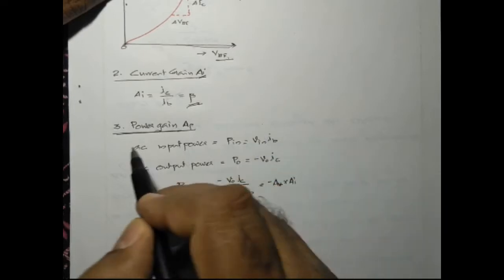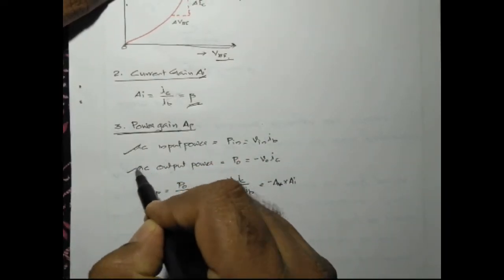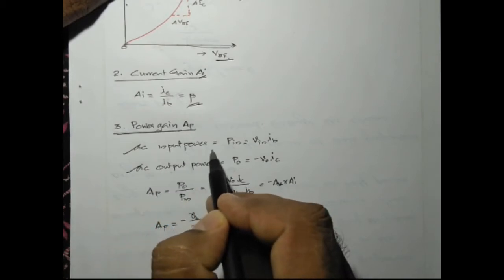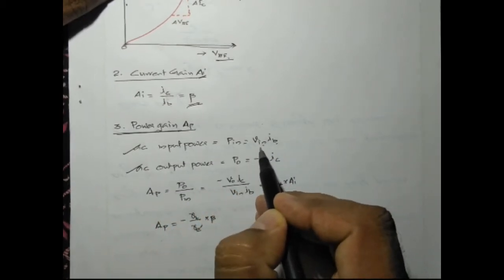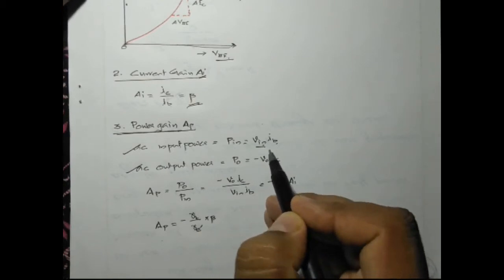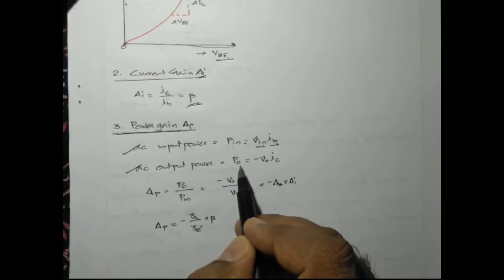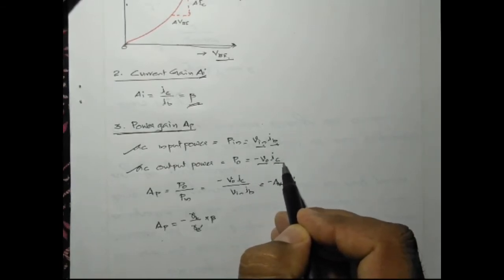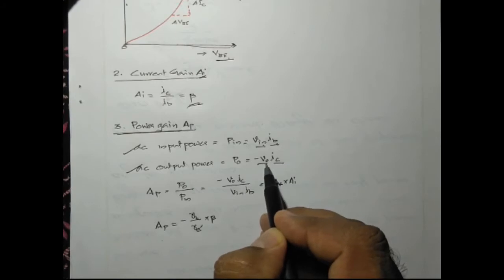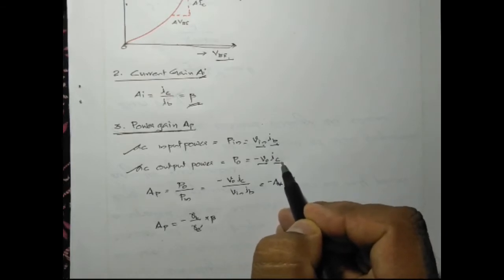To find out the power gain, we need to find the AC input power and the AC output power. The AC input power is given by Vin into IB, where Vin is the AC input voltage and IB is the input current. And the output power is minus Vo into IC, where Vo is the AC component of the output voltage and IC is the AC output current.